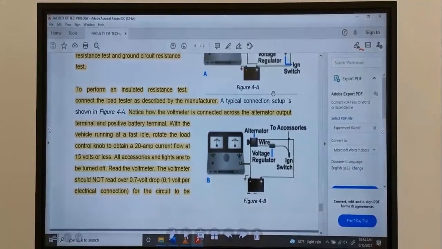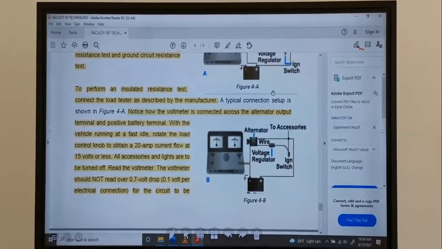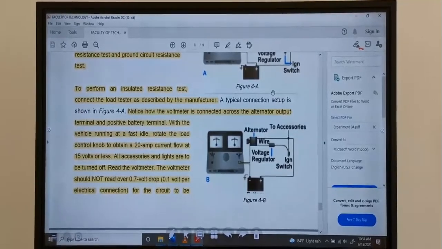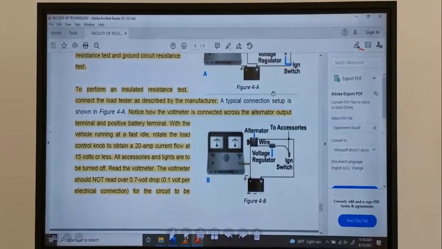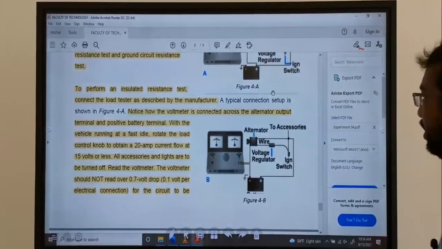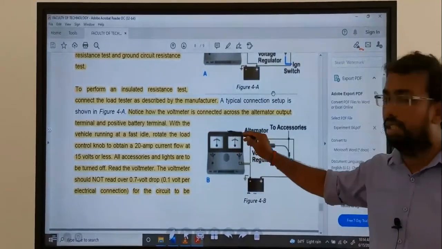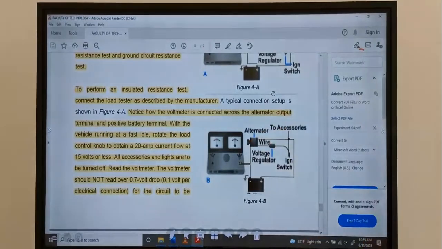We adjust the load tester to obtain 20 ampere current flow. We check the current flow at 20 ampere at 15 volt. At the same time we can check both readings on the multimeter, voltmeter and ampere, volt and ampere.